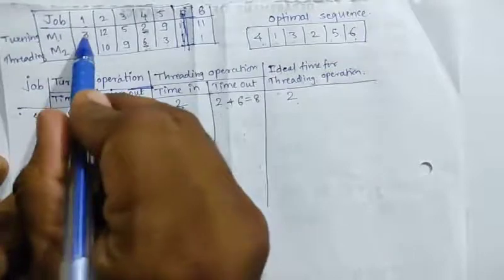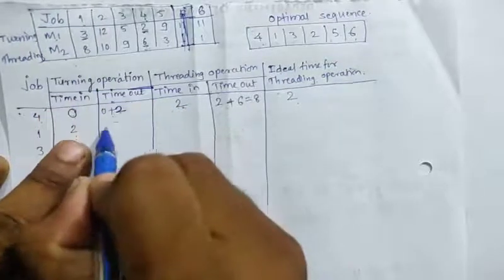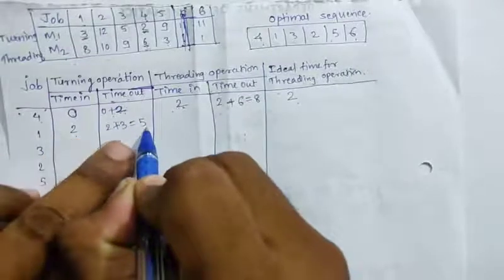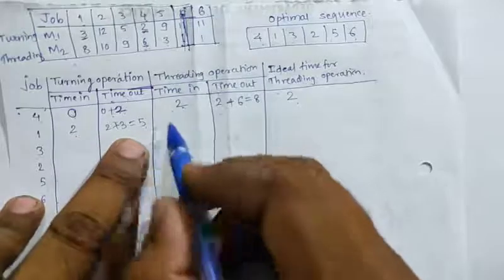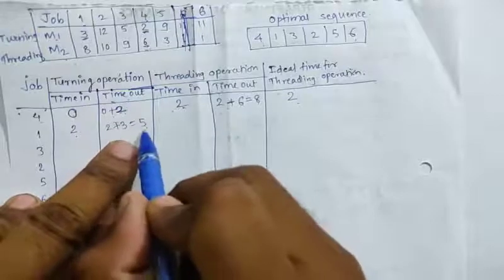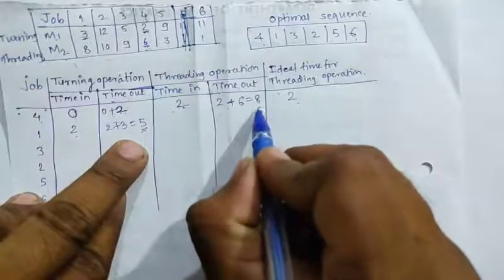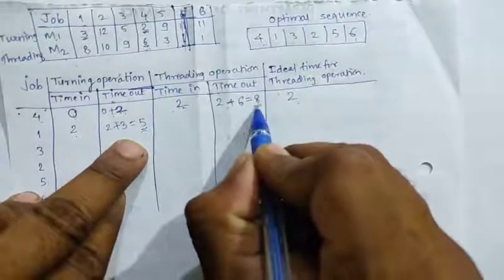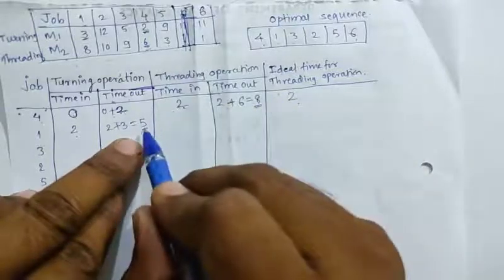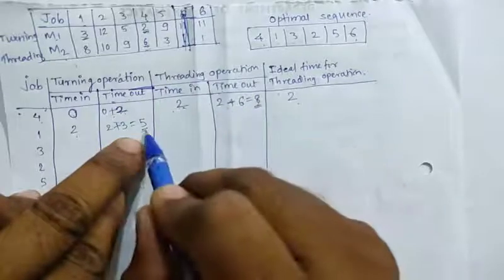So 2 plus 3 equals 5. So the time out for the first machine is 5 minutes, and for the second machine operation it is 8 minutes. After completing the second job, we accept the first job.